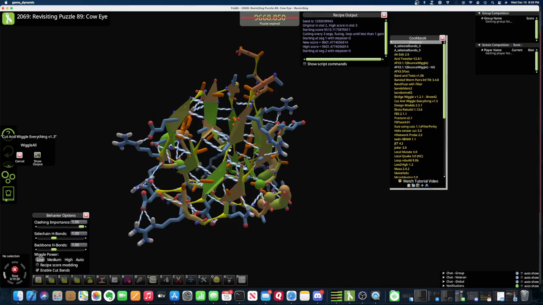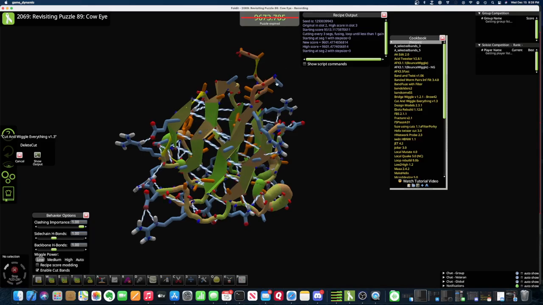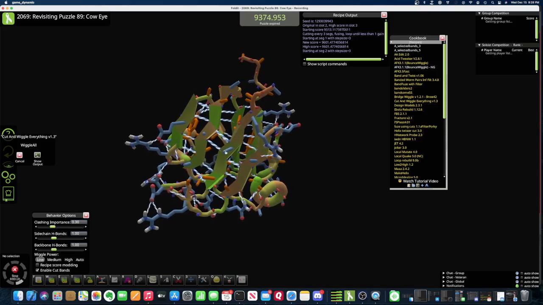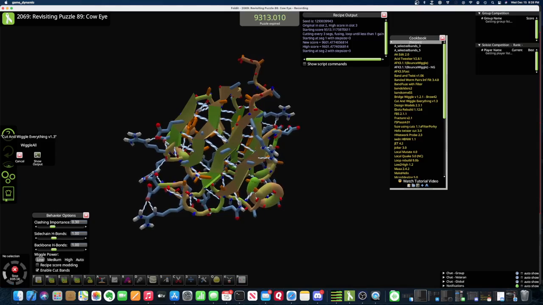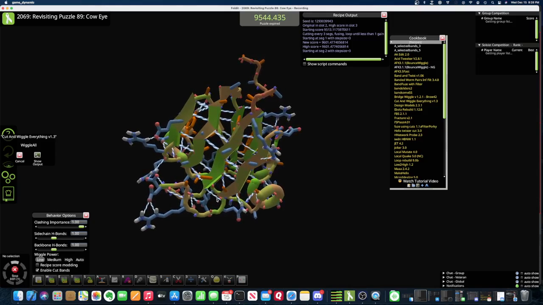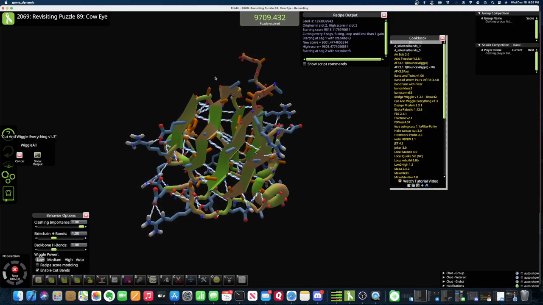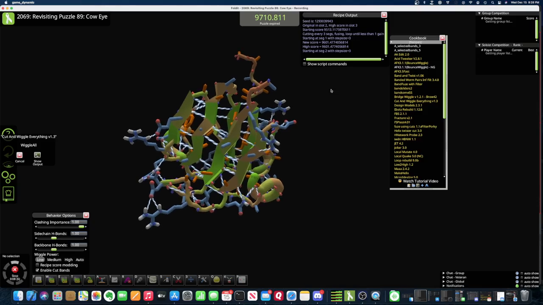So our group of 3 starts there and goes on through the protein, and it does the sequence again: the cuts, wiggle at a low CI, wiggle at a high CI, restore or delete the cuts, wiggle at a low CI, wiggle at a high CI. And you can see now we went from 9601 to 9710.